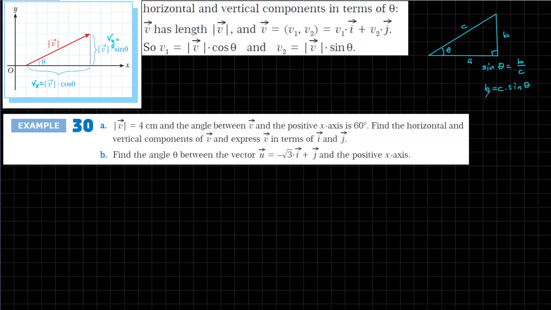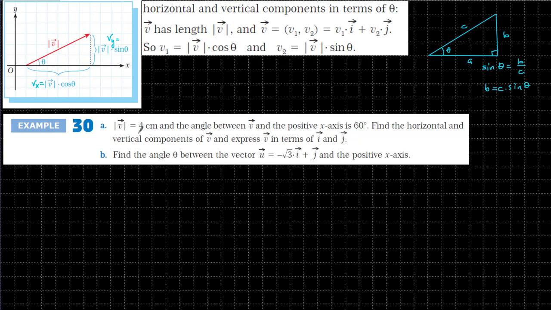And it's the same here: B becomes Vy and equals C, which is the length of V, times sine theta. For Vy we are talking about the opposite value, which is on the y-axis. What about the adjacent side, which is on the x-axis? It is Vx, the length of V times cosine theta.